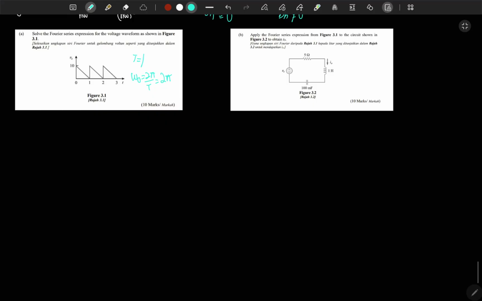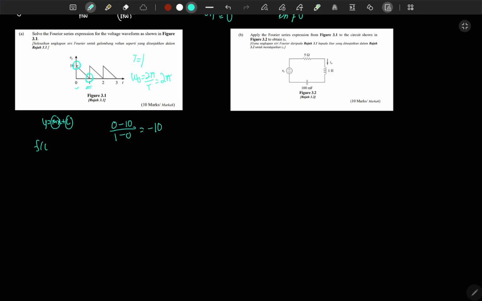And then we need to find our function. In this case our function is y equals mx plus c. So our c, we know that it's 10. C means where it's crossing the y-axis. Now how do we find the m? This is the first point, this is the second point, so the second point is 0 minus 10, and the second point is at 1, the first point is at 0, so this would give us negative 10.